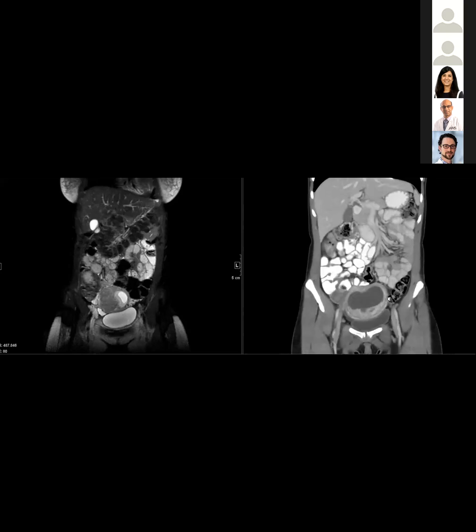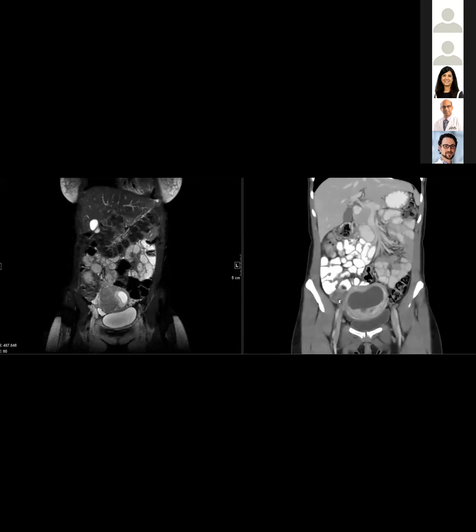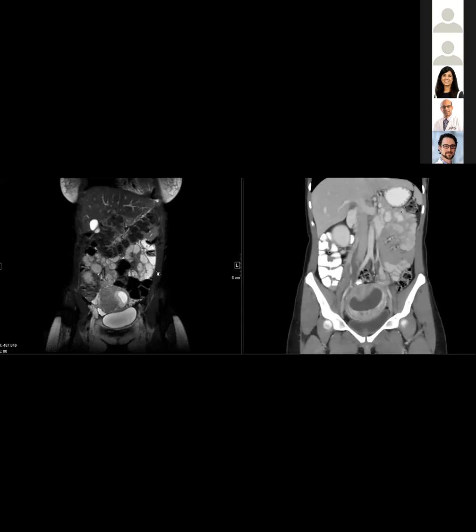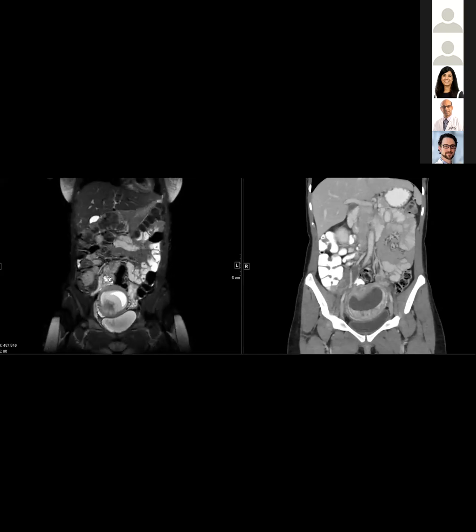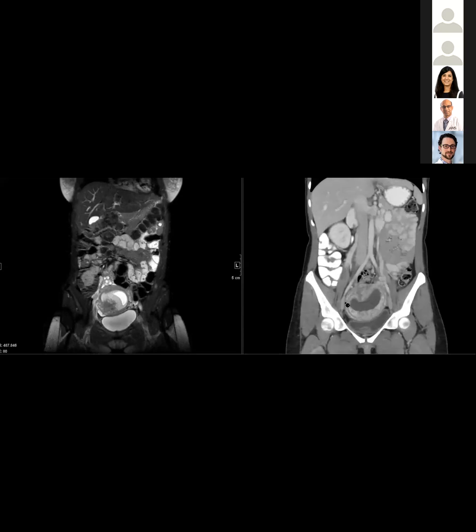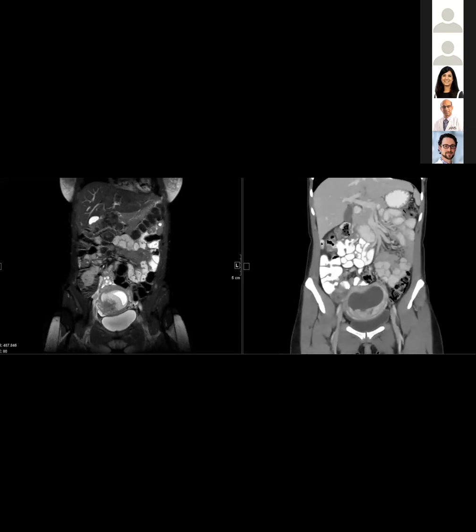Another interesting part is that look at the right ovary versus the left ovary. You can see that the right ovary doesn't quite enhance as much as the left. And another thing is that the location of the right ovary between the two exams is different. So this is conjecture on my part.